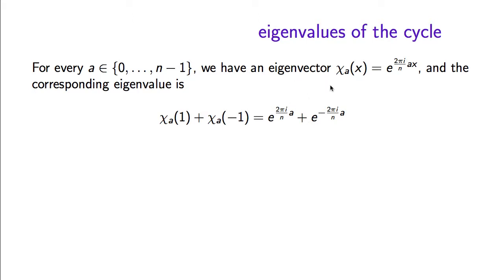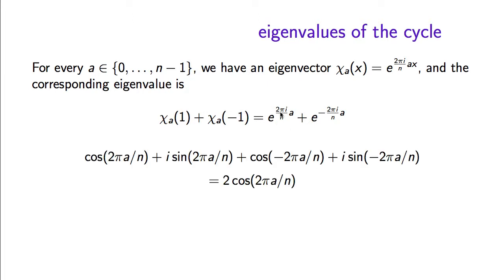Now we expect the eigenvalues of the adjacency matrix of the cycle to be real numbers, because the adjacency matrix of the cycle is a symmetric real matrix, so all its eigenvalues must be real. And in fact, if we expand what this number is, it is just the cosine of the exponent except with i, plus i times the sine of the exponent without i.